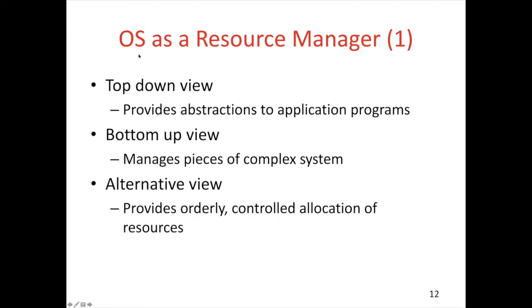When we consider the operating system as a resource manager, in the top-down view, the operating system provides abstractions to application programs. In the bottom-up view, the operating system manages pieces of a complex system, and in an alternative view, the operating system provides orderly, controlled allocation of resources.